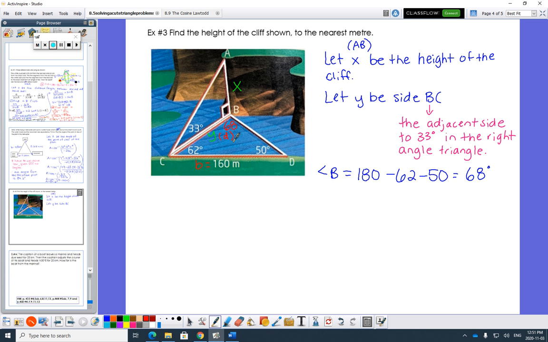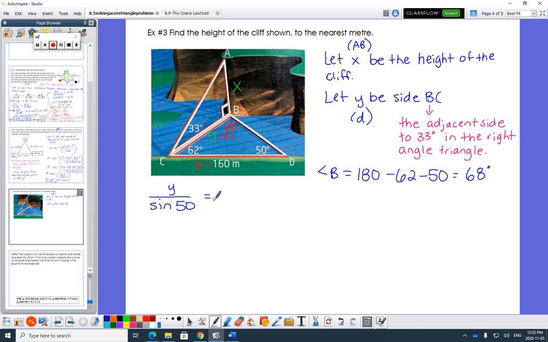We don't need it. So whether you write Y or you write D, it doesn't matter. So whatever makes more sense to you. Maybe you're used to using X and Y's in word problems and you'd rather do that. It really doesn't matter.